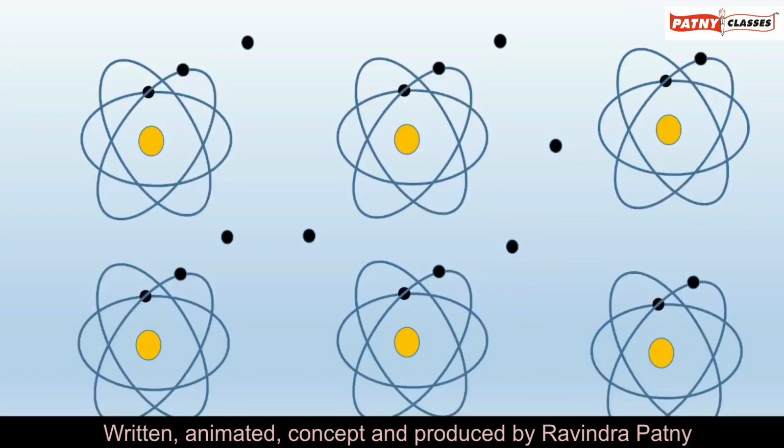In a given piece of metal, there are crores of atoms, and every atom releases some free electrons. Thus, in a given metal crystal, there are a large number of free electrons.